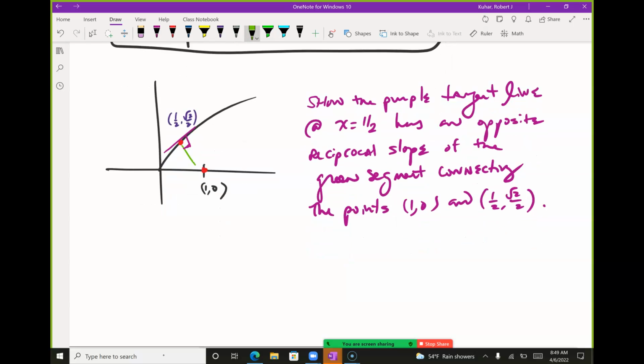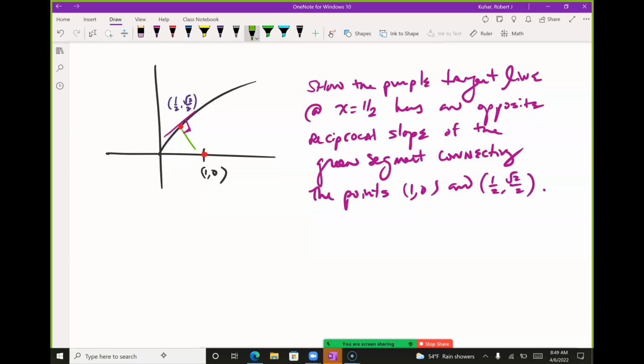All right, so let's find the slope of the segment first. Well, that's easy. It's 0 minus rad 2 over 2, over 1 minus 1/2. So negative rad 2 over 2 over negative 1/2.